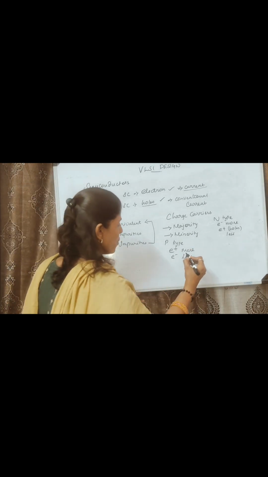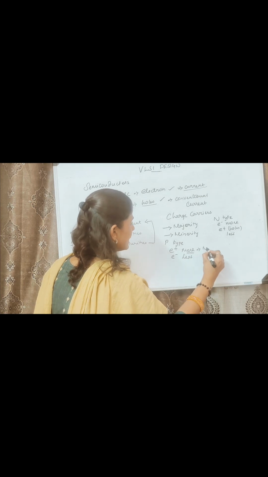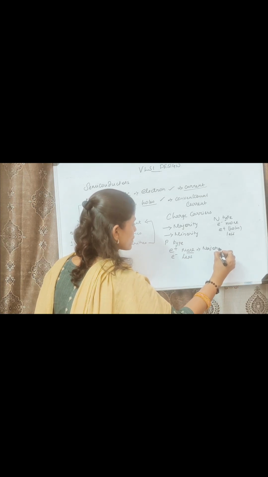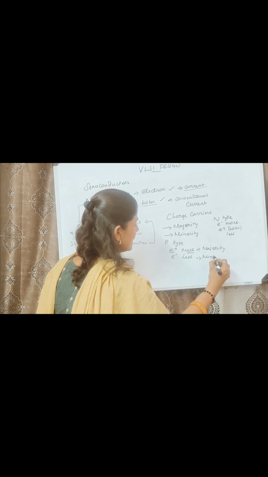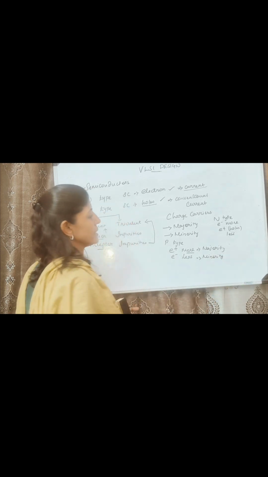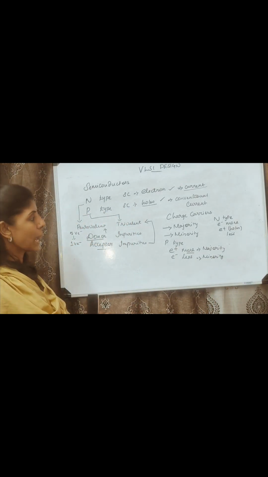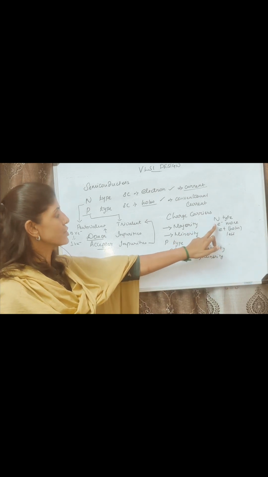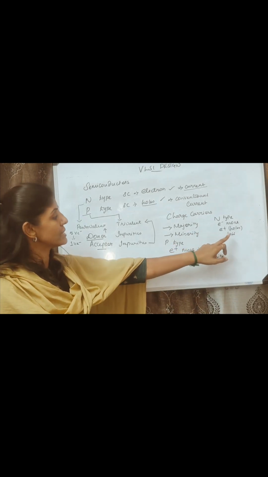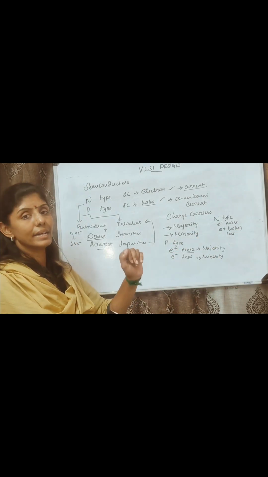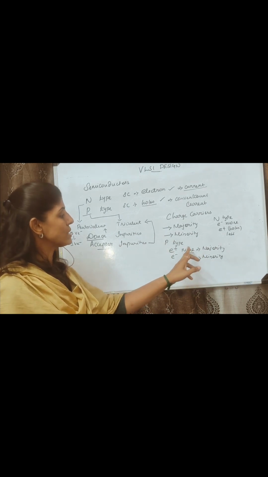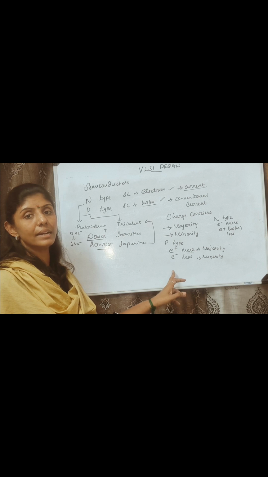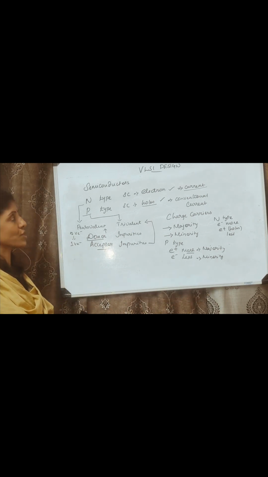The more is the majority charge carriers, and the less is the minority charge carriers. So in N-type semiconductor, electrons are the majority charge carriers and holes are the minority charge carriers. In P-type semiconductor, holes are the majority charge carriers and electrons are the minority charge carriers.